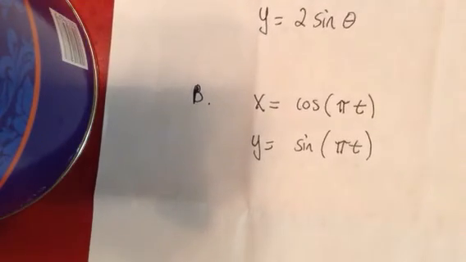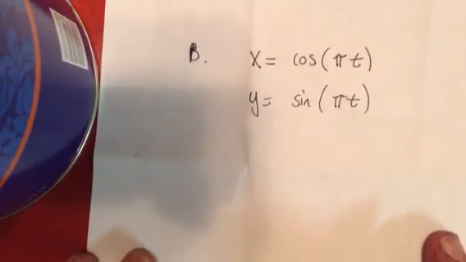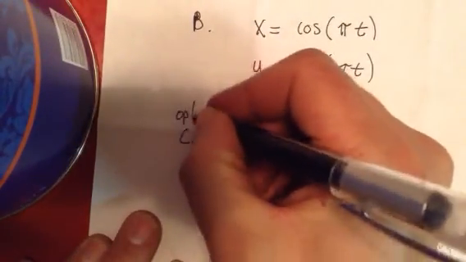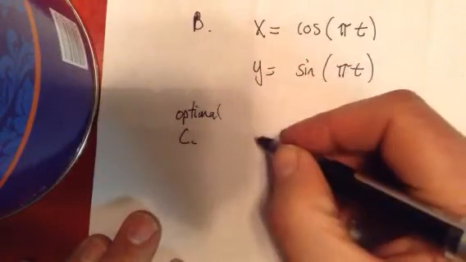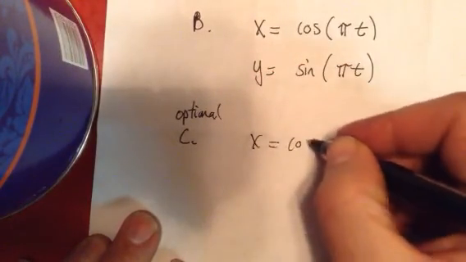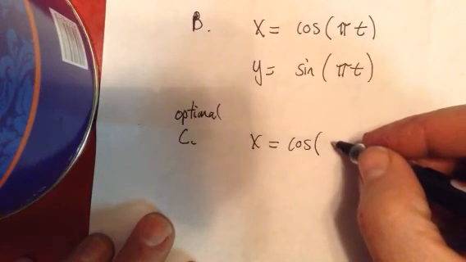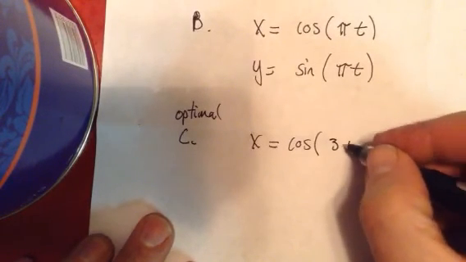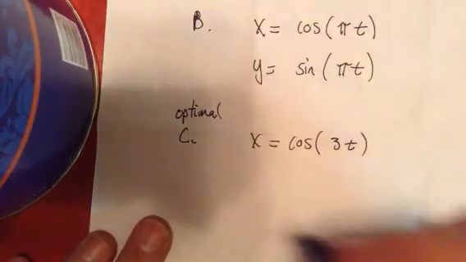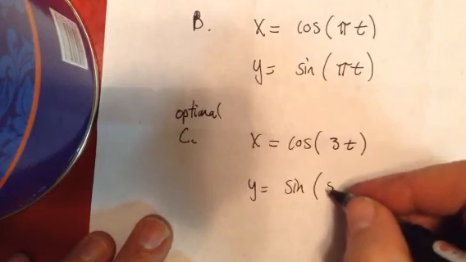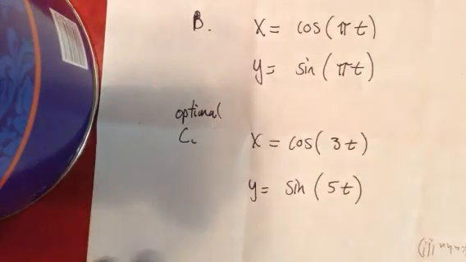And if that all goes well and you really want to have some fun, I know that probably was fun, but this one's optional. Try making this one cosine of 3t. And this one the sine of 5t. See what happens there. Whoa.